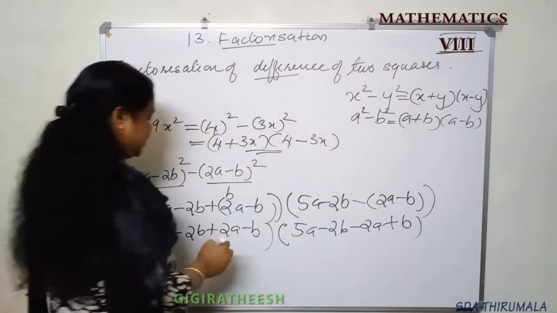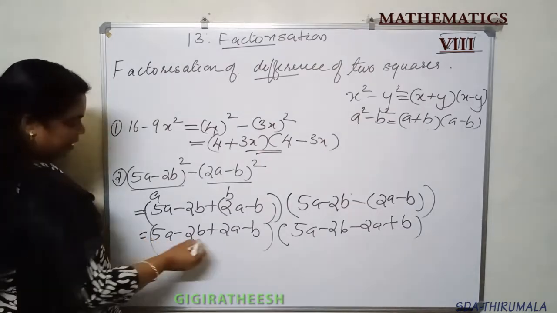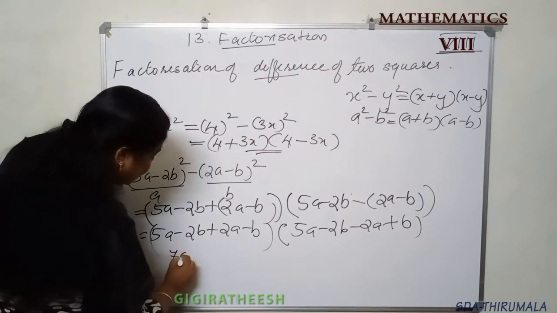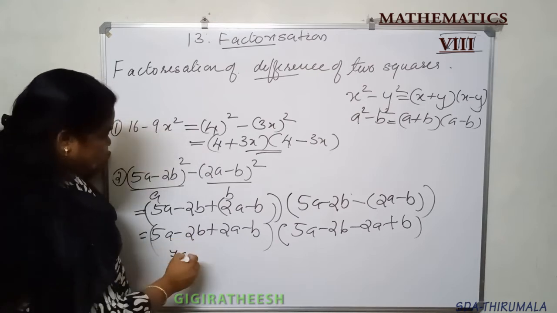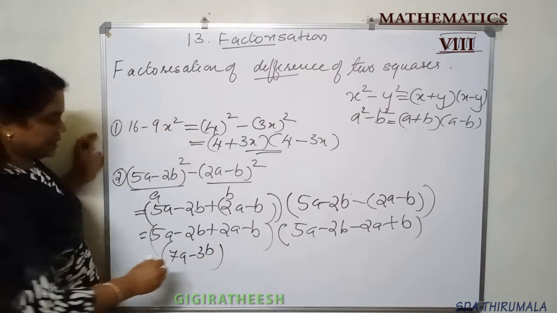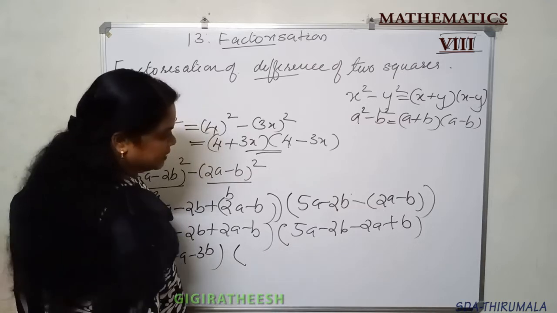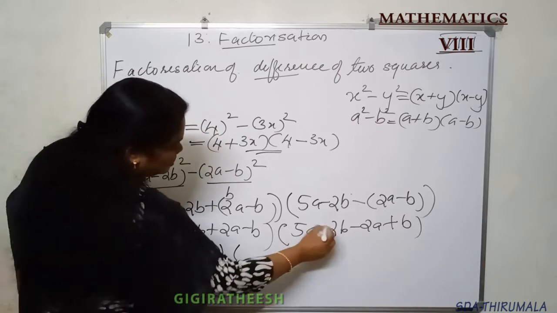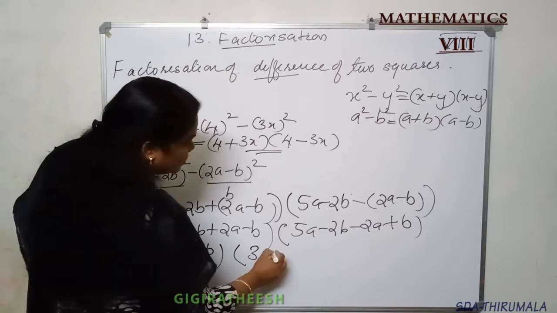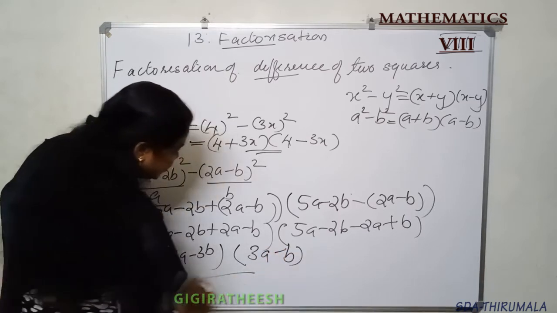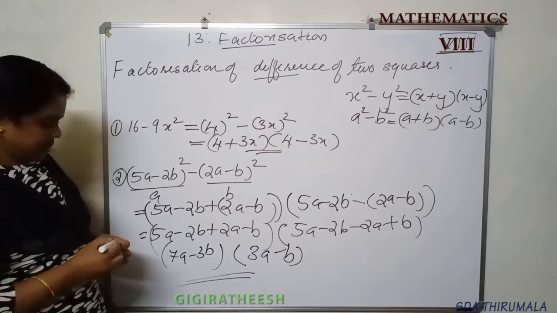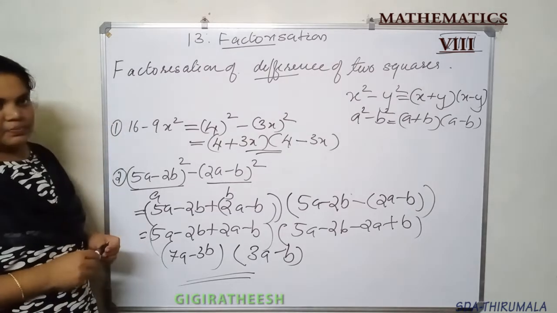Calculating, 5a and 2a is 7a, and minus 2b and minus b is minus 3b, so 7a minus 3b. The second term is 5a minus 2a equals 3a, and minus 2b plus b equals minus b. These are the factors of this expression: 7a minus 3b and 3a minus b.